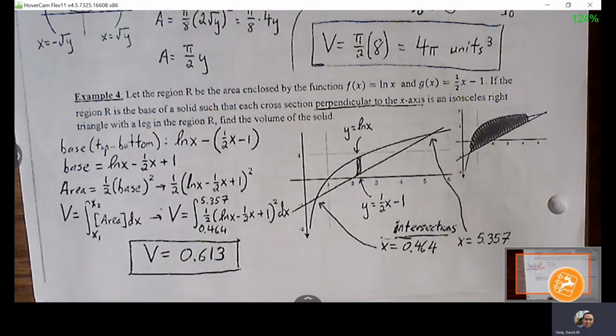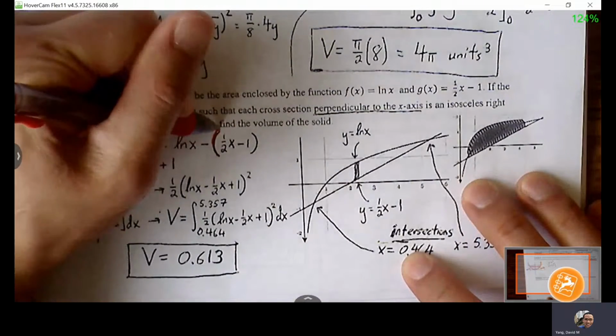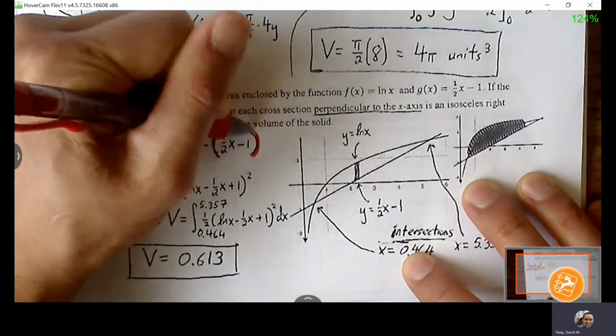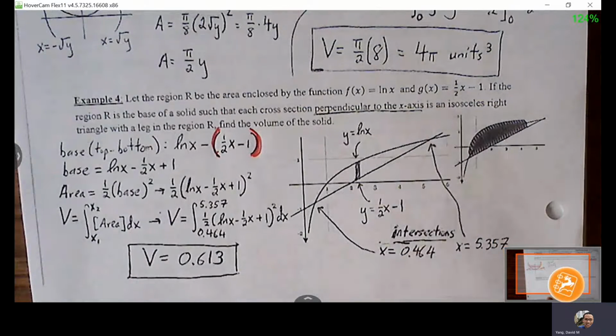Careful that when you are building your base, that you're starting off with parentheses around the bottom, right? So that you don't forget to distribute that negative through the parentheses. You gotta be careful here. If you don't have parentheses there, chances are you may forget to distribute that negative through, and that's going to throw off your answer.